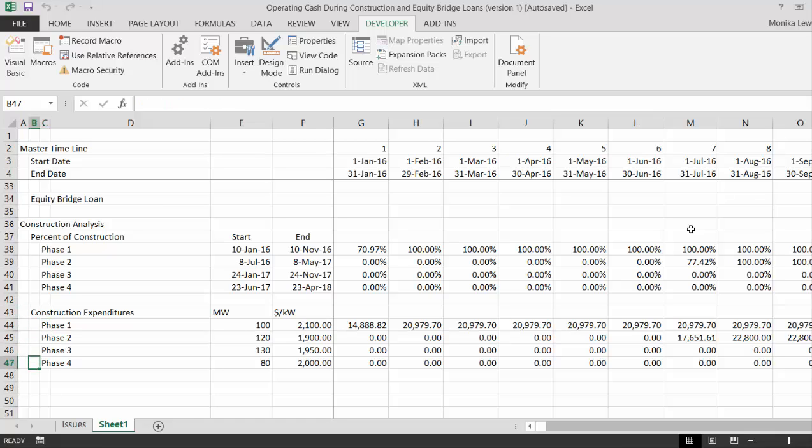And now we put the in-service percentage operating. Okay, and operating spent, and we're going to see how much money we get during the construction period. Okay, so let's go down here and do our same thing.